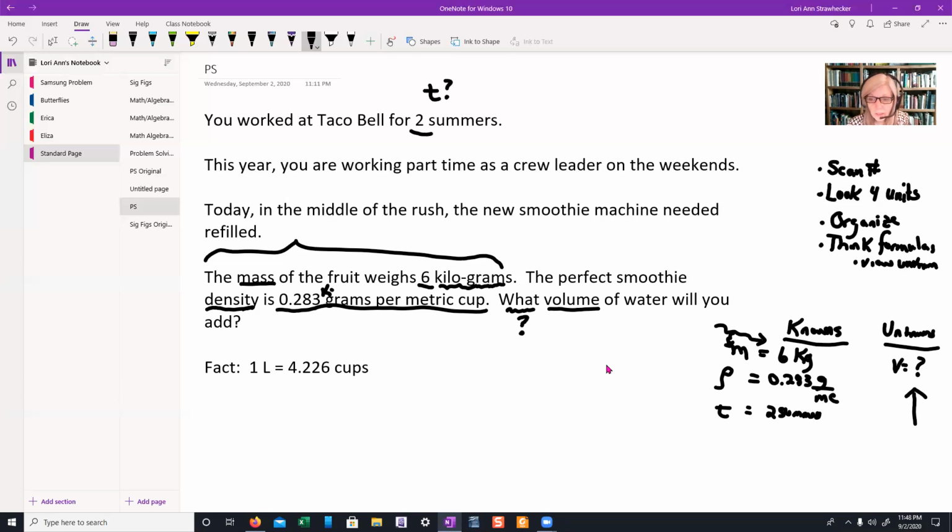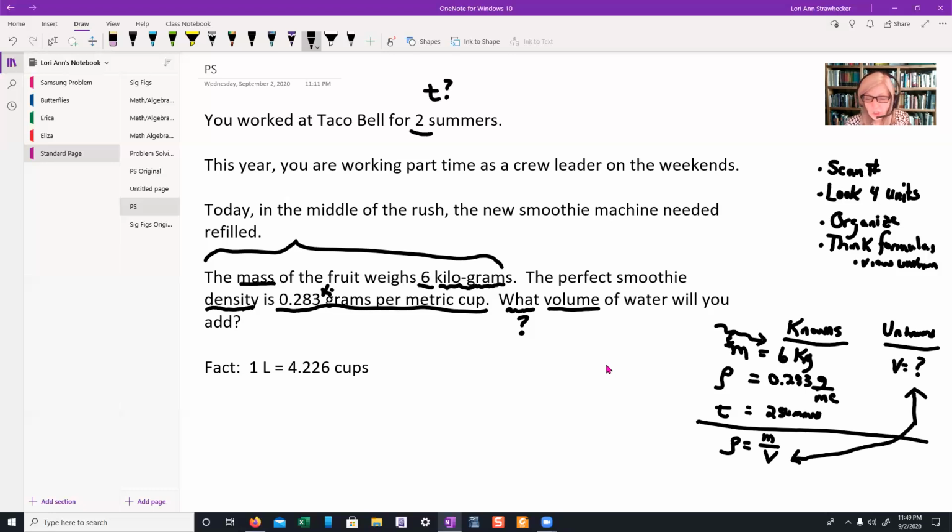All right, so again, looking at our knowns, it might give us a clue as to what to do. This is early chemistry. You're probably studying densities. So density equals what? Mass over volume. All right, so here's a formula. So as you can see, the volume is utilized in that formula.